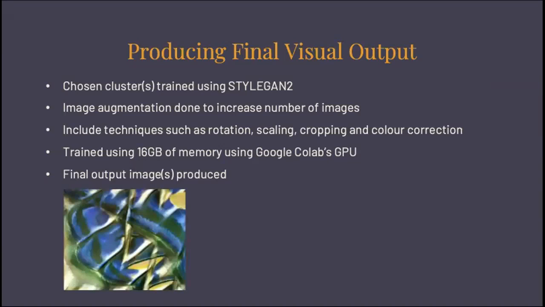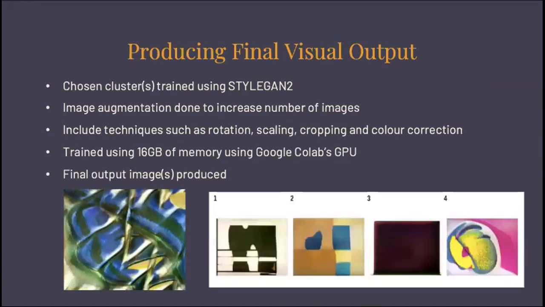But the number of output images can be increased based on the user specification. So this is an example of 4 output images produced because the user can specify how many images they want to be produced. This is to ensure that different interpretations are kept in mind when producing an abstract output.